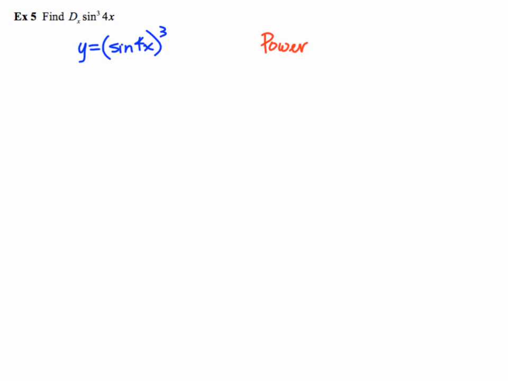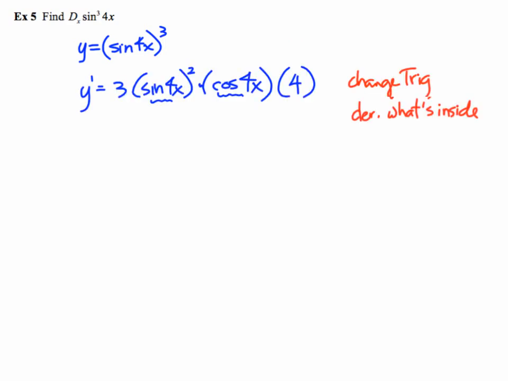Take the derivative of what's inside. And then I'll take the derivative of the 4x in the end. So first step is the power rule. So the 3 comes out front. Sine 4x all squared, because I subtract 1 from the exponent.